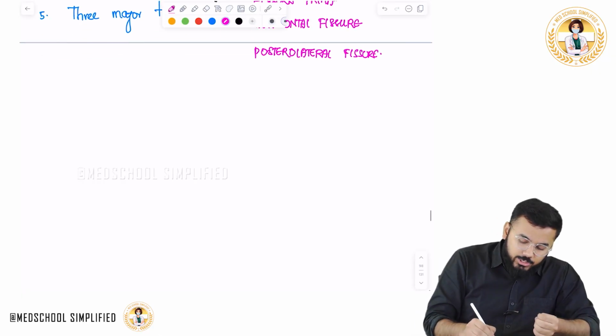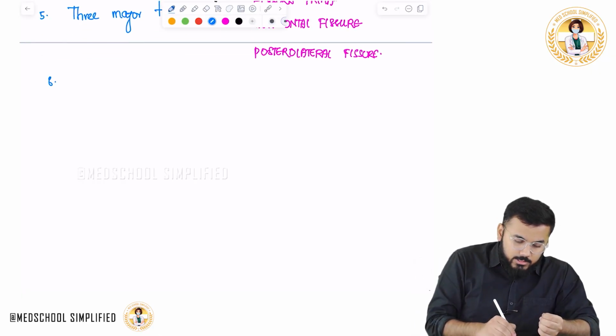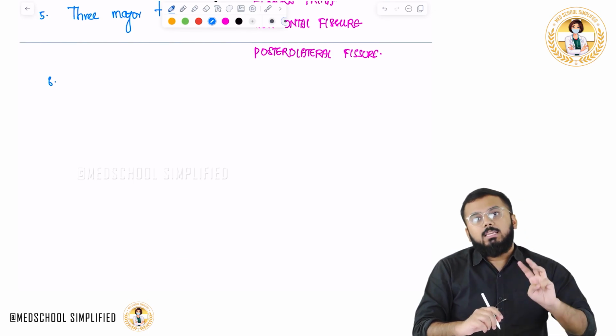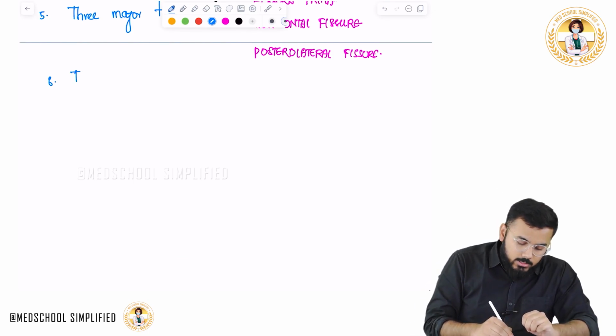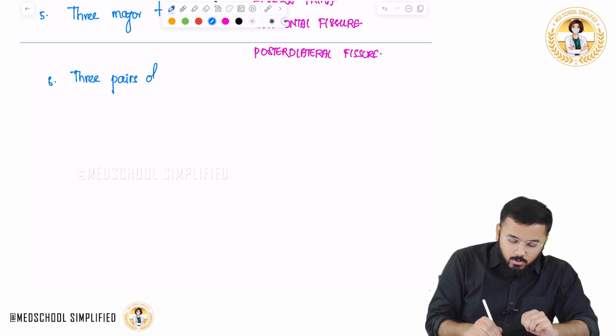Now, after the discussion of the fissures is done, let us discuss the three pairs of peduncles. This way also the question can be asked: what are the three pairs of peduncles? We discussed just now, guys.